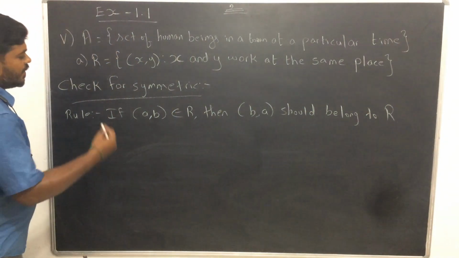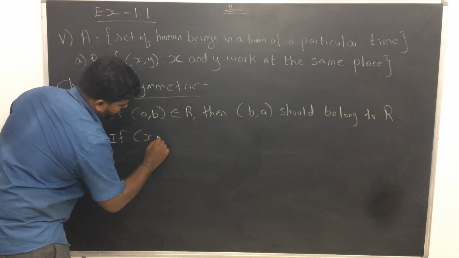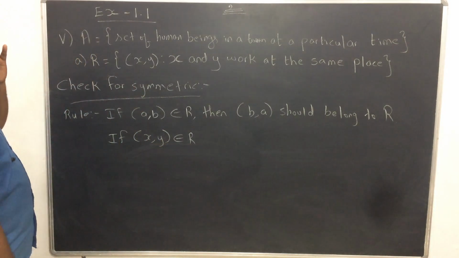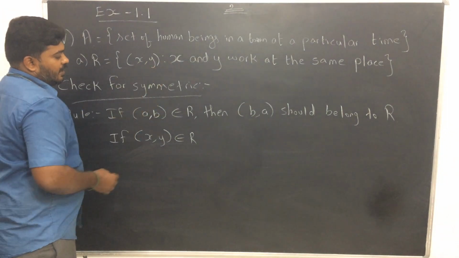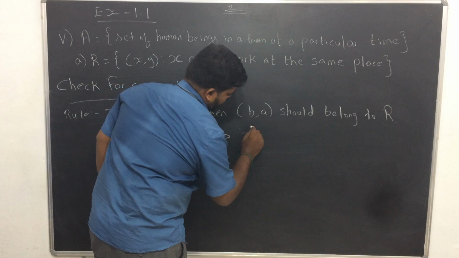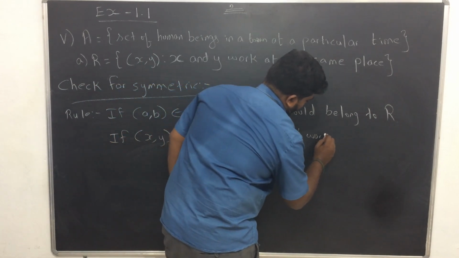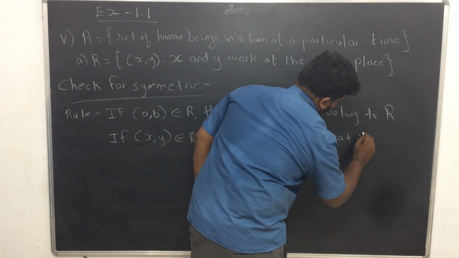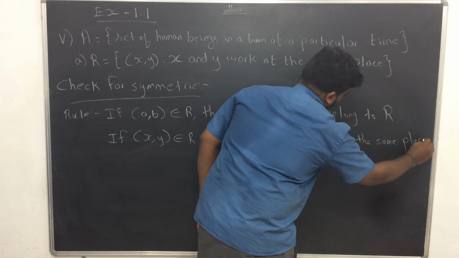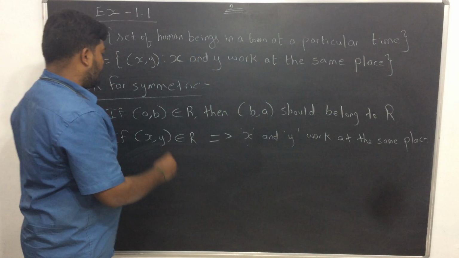Now let's start by assuming that X, Y belongs to R. If I am telling you that X, Y is in R, what does that imply? It implies that X and Y work at the same place.